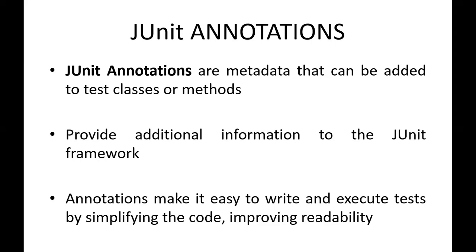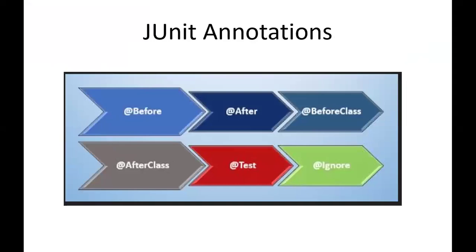Annotations make tests more readable, maintainable, and easier to understand. Let us see what are all the basic annotations available in JUnit. Apart from these 6 basic annotations, we also have so many annotations, especially when we go for JUnit 5. N number of annotations are available. Usually, annotations are preceded by the at symbol.